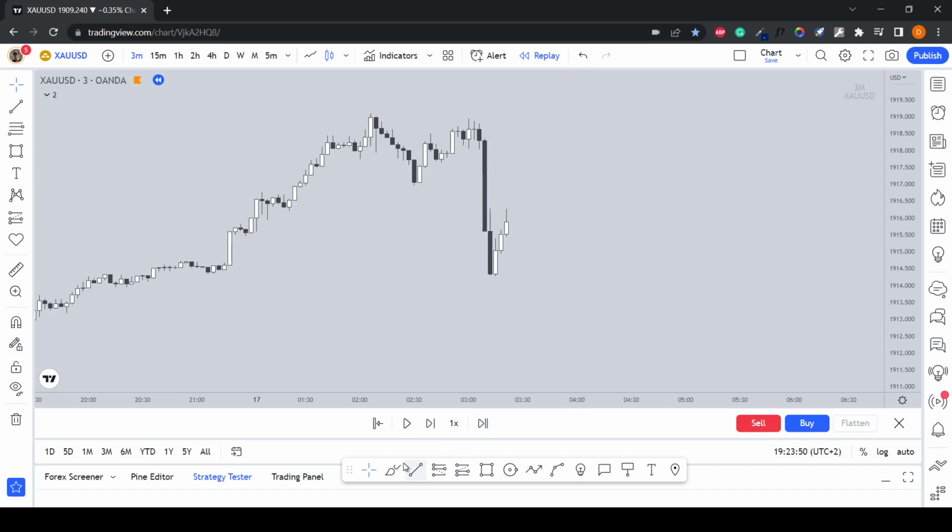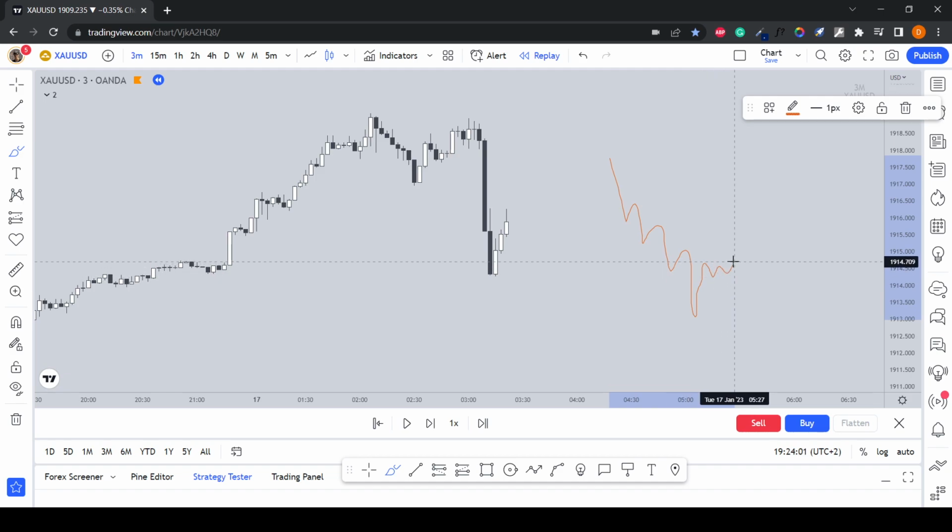So what is imbalance? Imbalance is a one-sided move out from the zone without wicks into the zone and without stoppage before falling off. And so the zone that has an imbalance is called unmitigated zone.